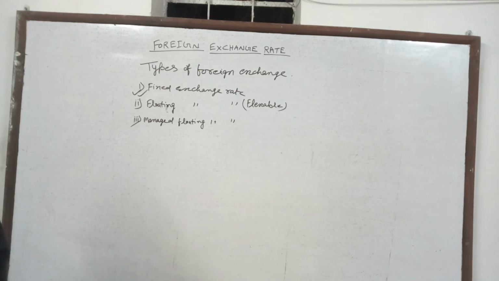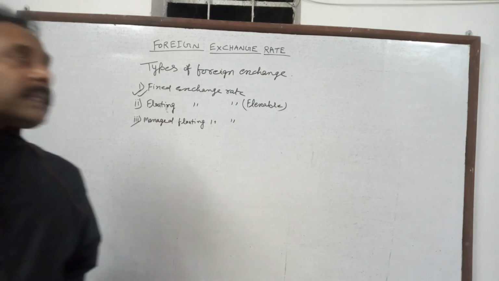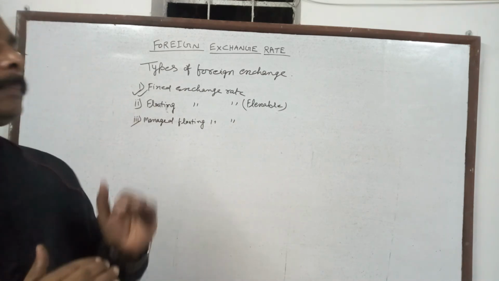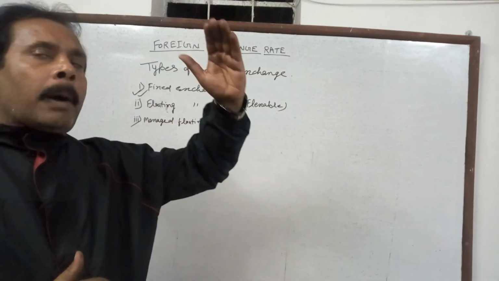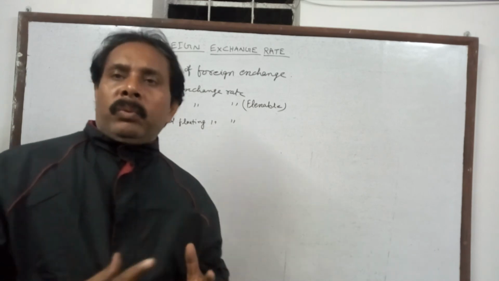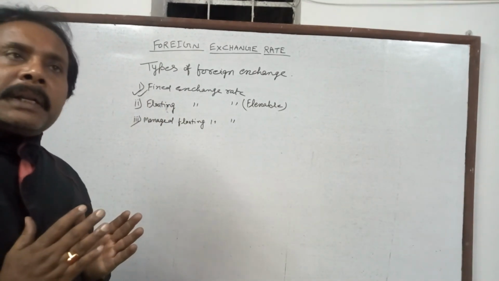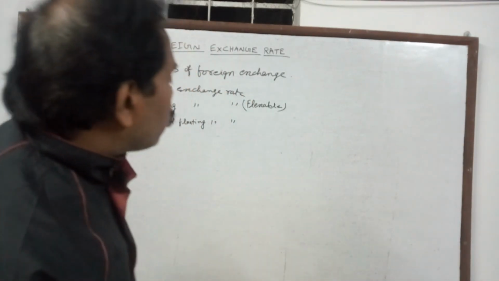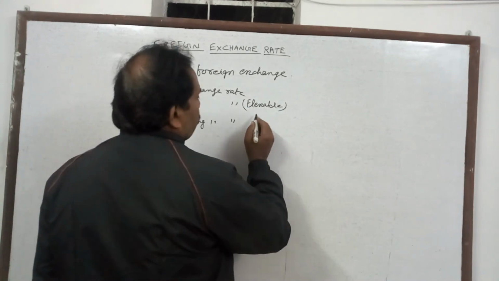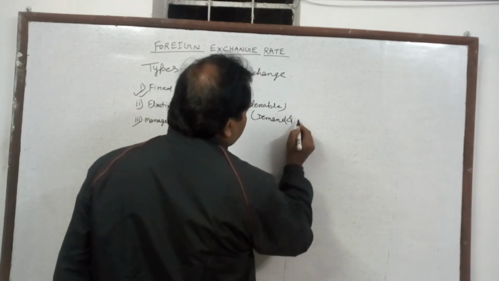Now come to the next, that is known as the floating exchange rate or the flexible exchange rate. So what is the flexible exchange rate? Flexible means what? Sometimes it goes up and sometimes it goes down. So the flexible exchange rate is totally based on two factors, the market forces, that is, demand and supply.